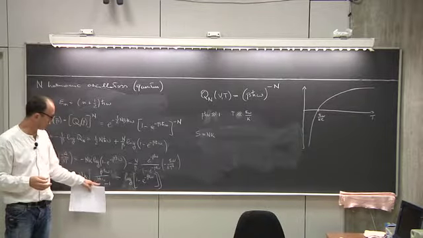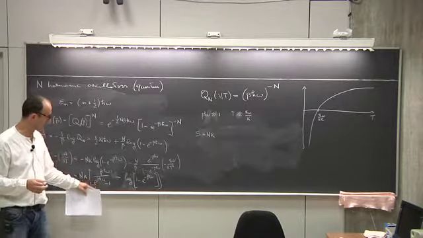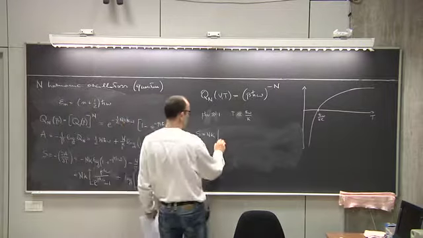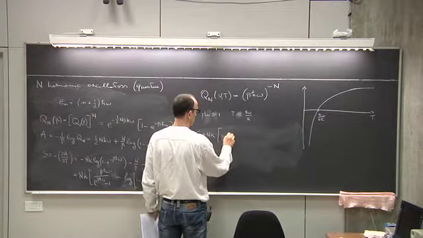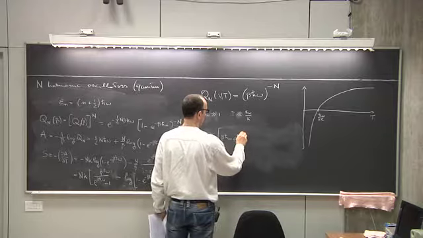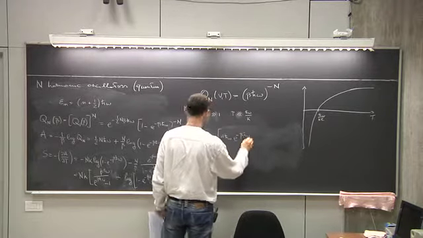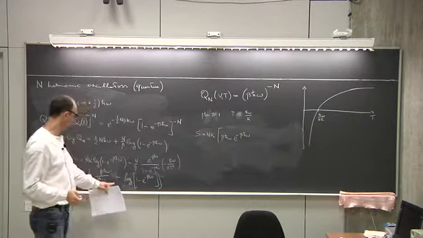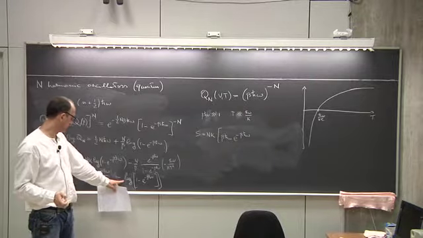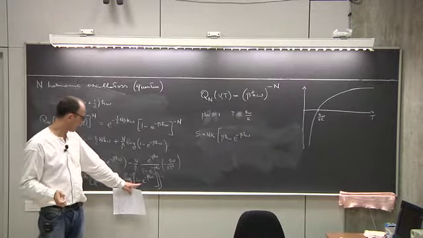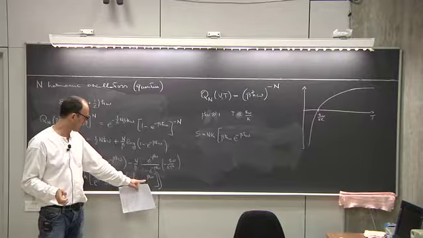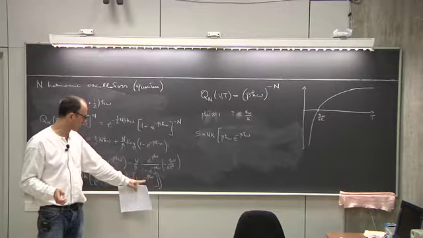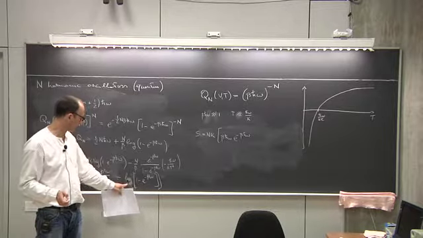So this one is completely negligible with respect to this. So there is a beta h bar omega times e to the minus beta h bar omega. And also here you see that this e to the minus beta h bar omega is completely negligible with respect to the 1, so there is log of 1.